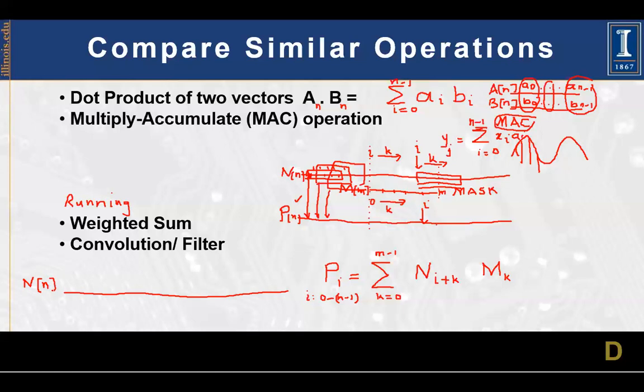And at any time, I put a filter here. This is my filter. The filter is called, let's say, mask. I call that mask. And this mask is M, and its width is small m. Size is small m, which means the length of this mask is m.